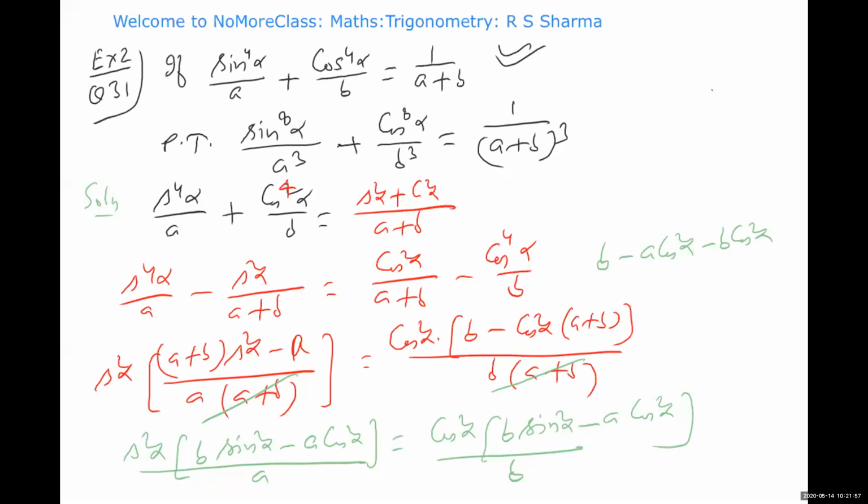Noted everybody? See, one thing you must have observed, I am not cancelling this b sin square alpha minus a cos square alpha here directly, because this I will take out common.